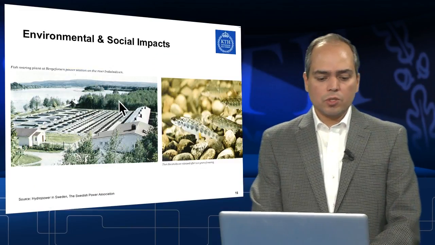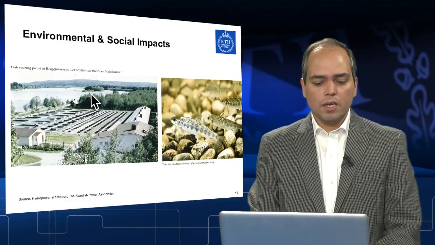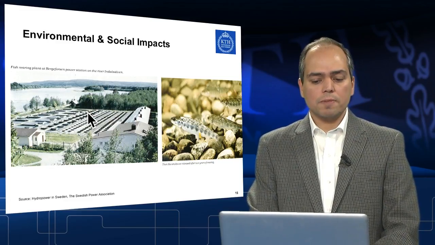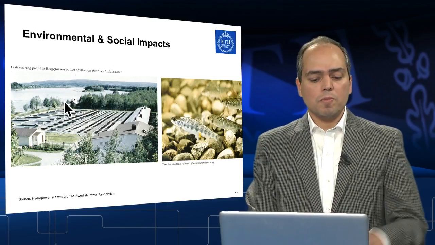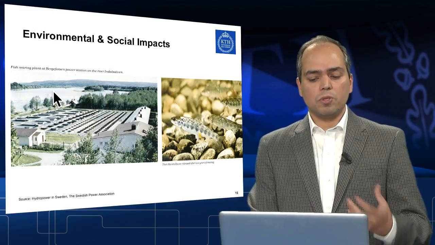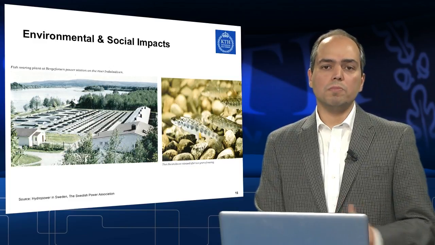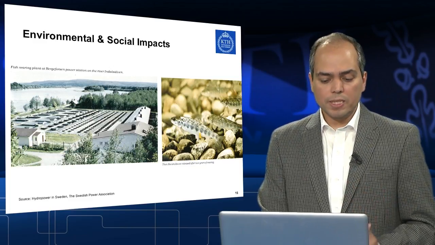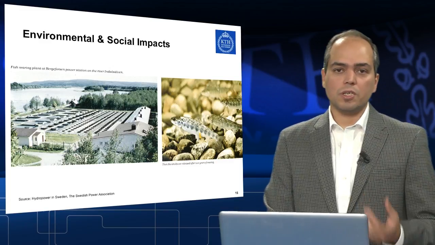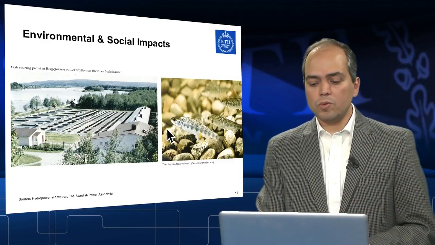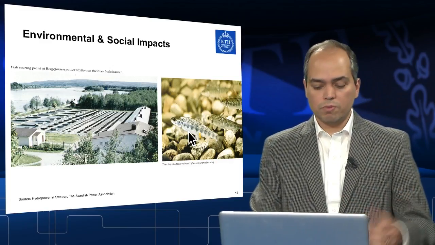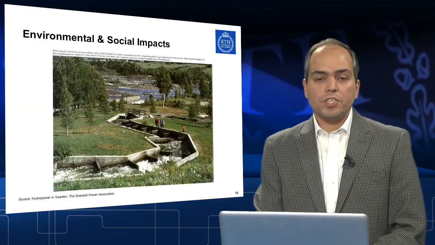And then this one here shows the fish plants near a power station. So building a power station here, we provide facilities for the fish to migrate along the river, but at the same time we have fishery plants in order to release fish into the river. So this is the fish ladder.